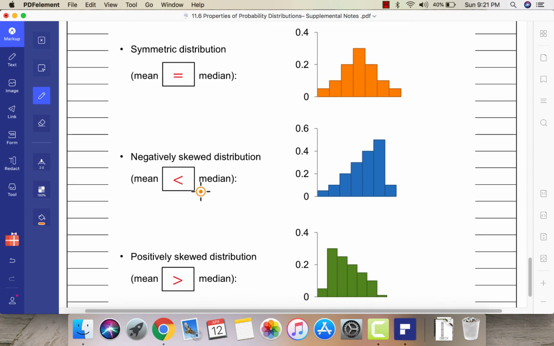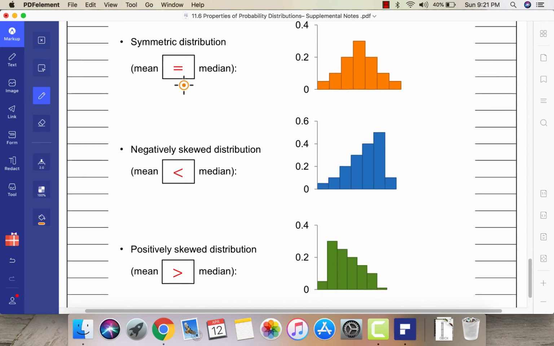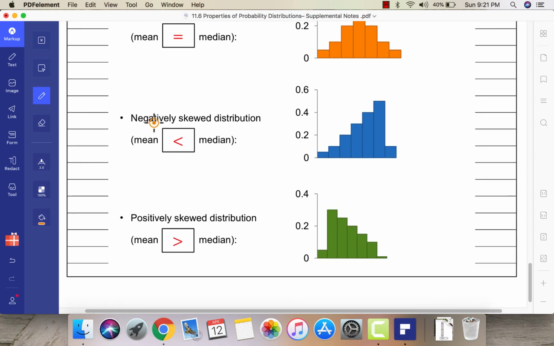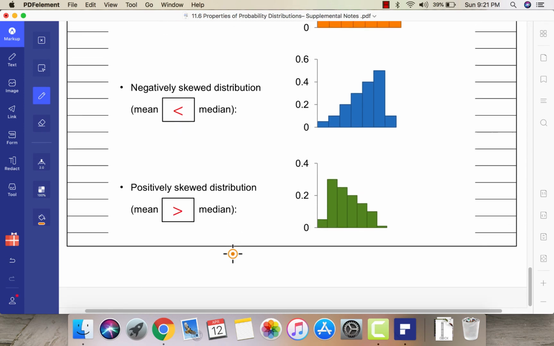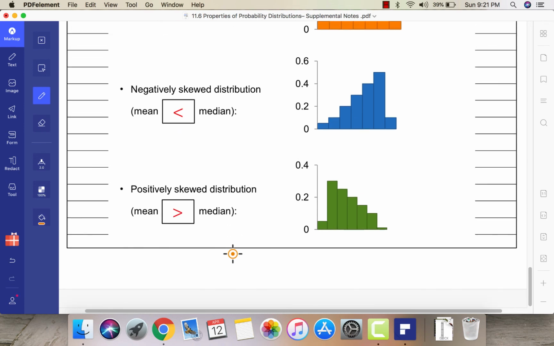So, when something is symmetrical, the mean and median are equal. When it is a negatively skewed distribution, the mean is less than the median. And if it's a positively skewed distribution, the mean is greater than the median. If you have any questions on this lesson, feel free to ask.